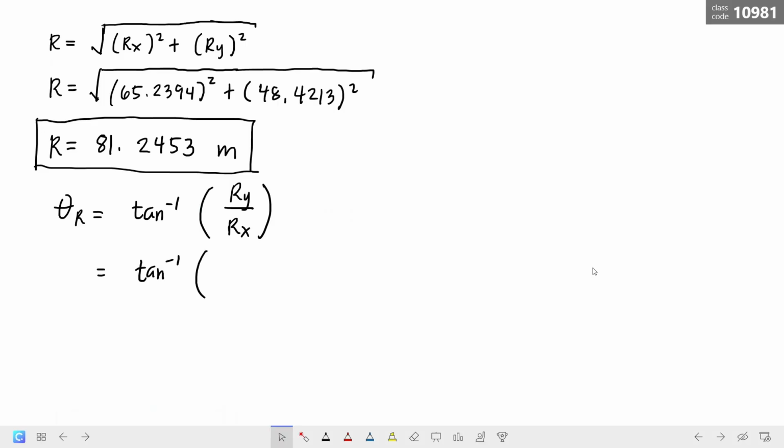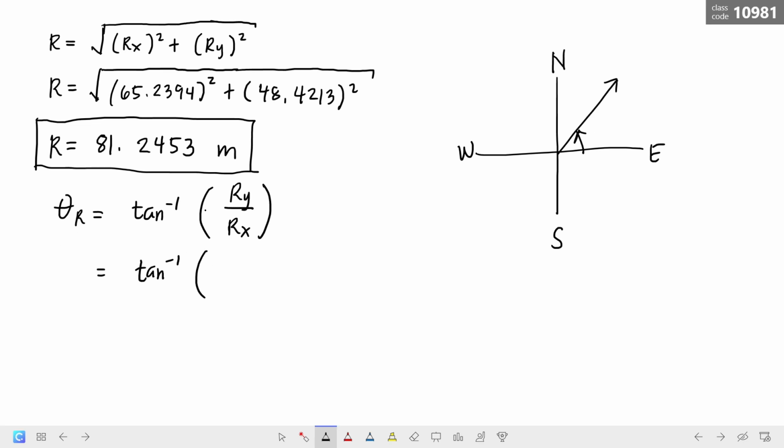That means our resultant, in our cardinal directions north, east, west and south, is somewhere in the first quadrant, right? Because x is positive and y is also positive. So our theta is somewhere here, this theta sub r.